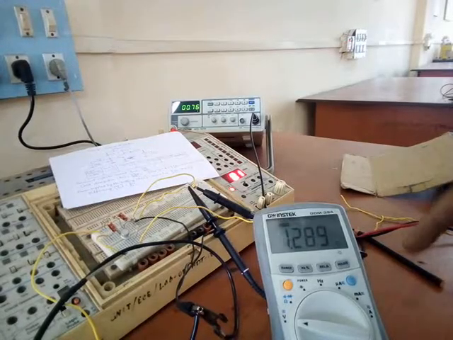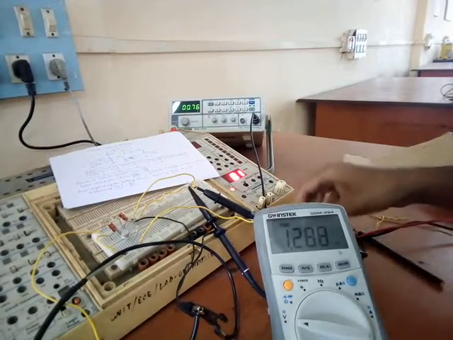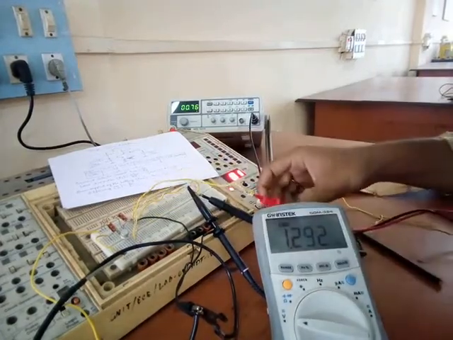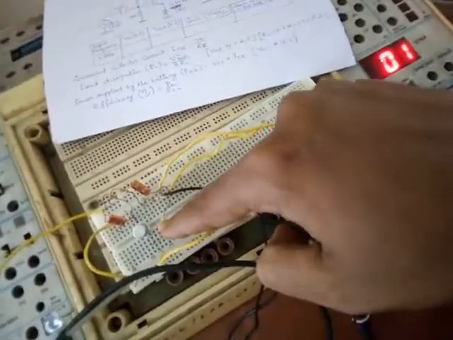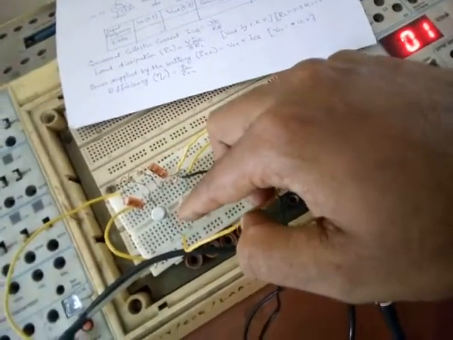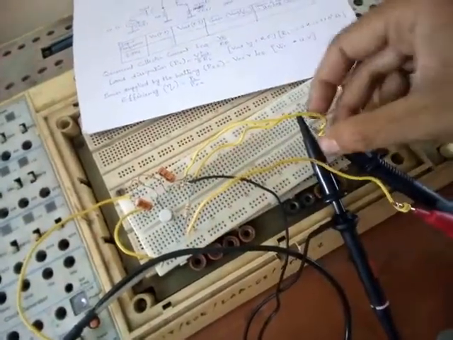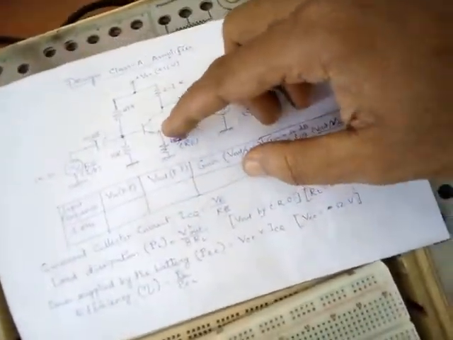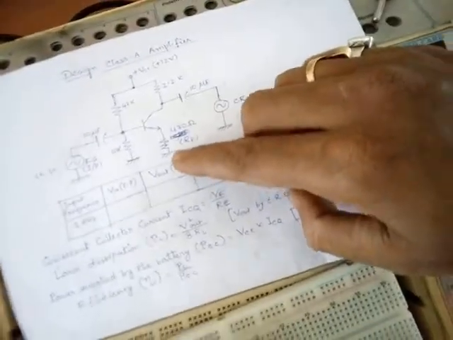Okay, I connect a multimeter, you can see it. This is positive part and this is negative part. The multimeter is connected parallel to the resistor, that is 470 ohm. One point is at the emitter, and another point, this is negative, going to ground.